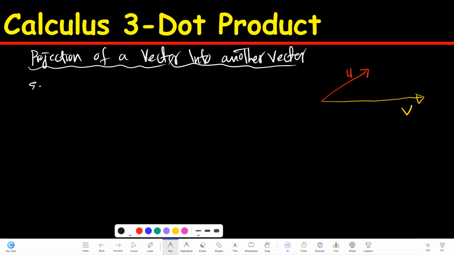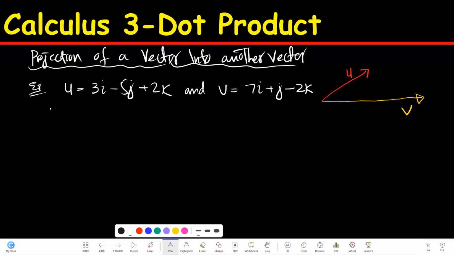So I have a vector, for example, U given in this problem: 3i minus 5j plus 2k. And I have a vector V given: 7i plus j minus 2k.